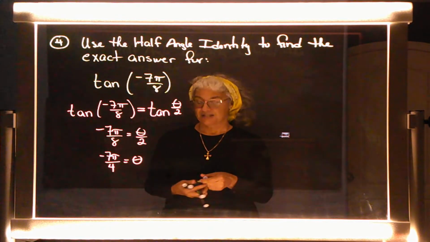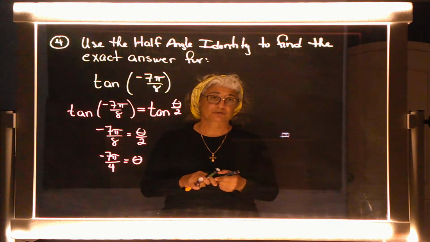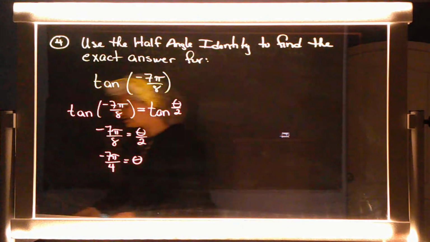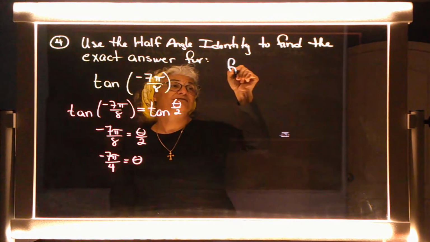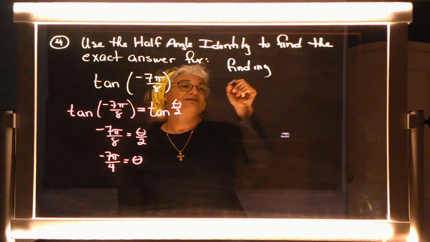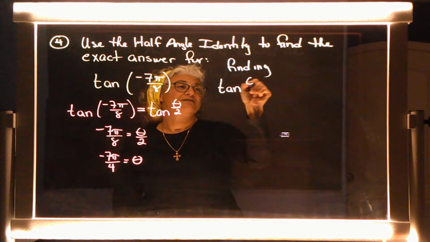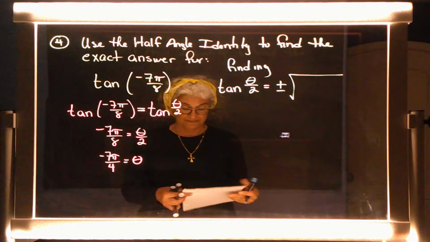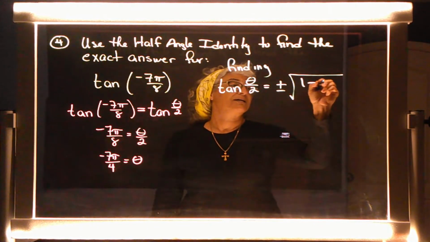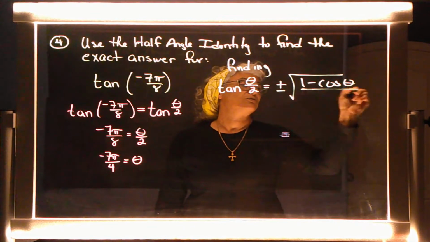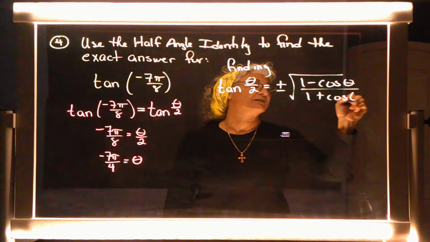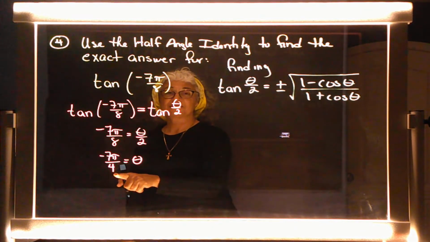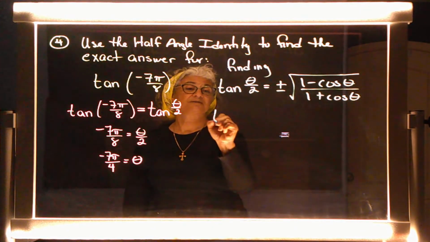So, now that I know what theta I'm working with, that means I am finding the tangent of theta over 2, again plus or minus the square root of 1 minus cosine of theta over 1 plus cosine of theta. And what did we say theta was? Negative 7 pi over 4.